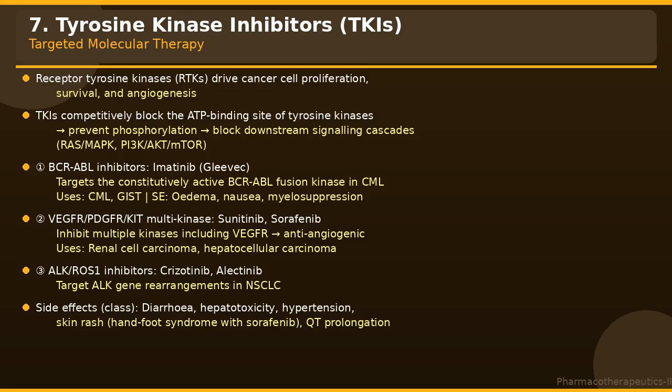They are used in renal cell carcinoma and hepatocellular carcinoma. ALK inhibitors such as crizotinib and alectinib target ALK gene rearrangements found in a subset of non-small cell lung cancers. Class side effects of TKIs include diarrhea, hepatotoxicity, hypertension, skin rash, and QT prolongation.